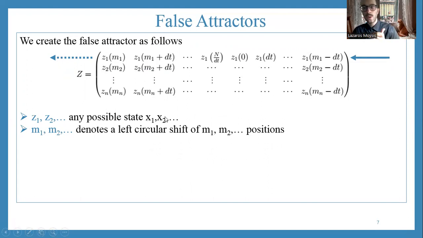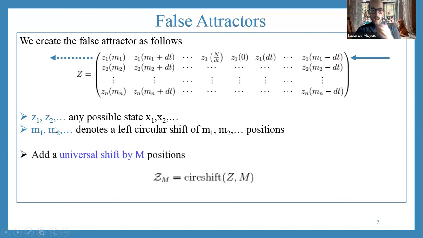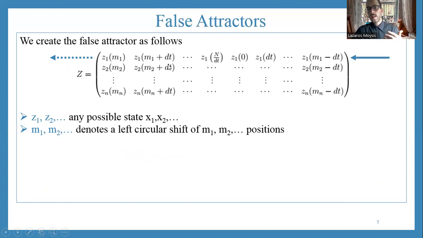These are the key parameters of the technique. What are the states that I'm going to use? And what amount of circular shifting am I doing in each individual state? In this way, I get a new time series that I can plot to obtain a new shape. This new shape is called the strange false attractor.